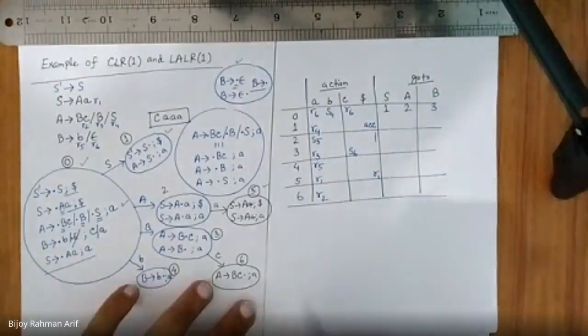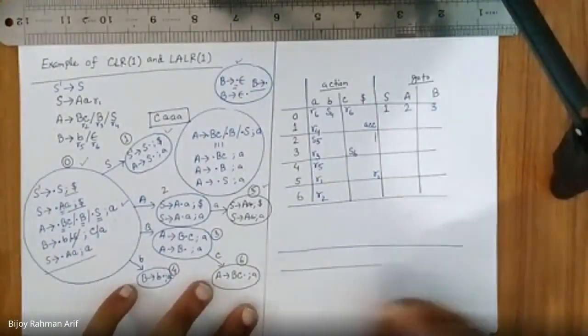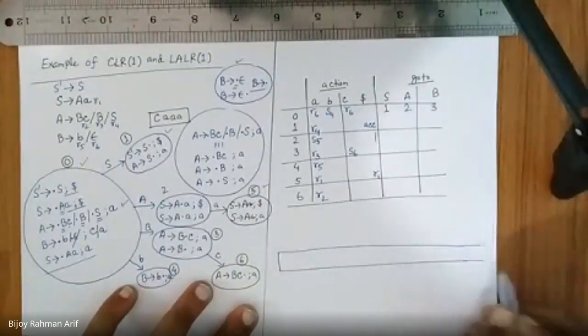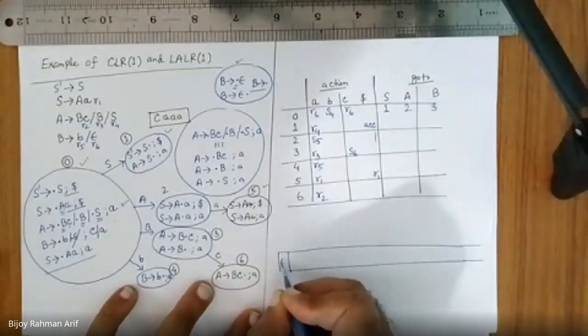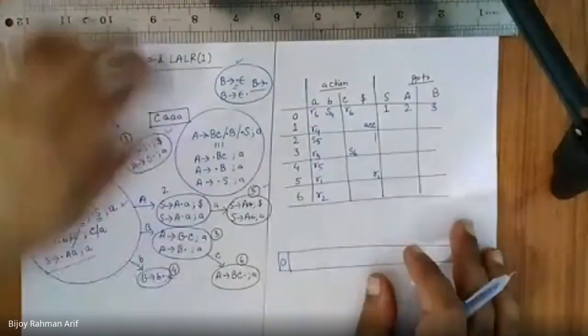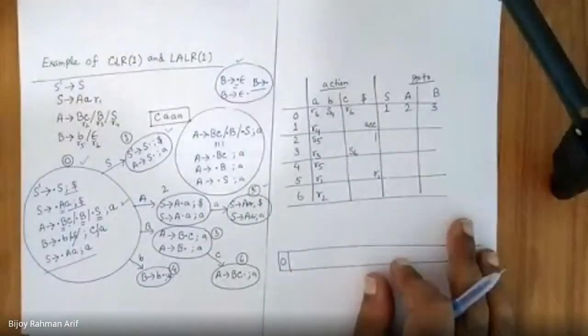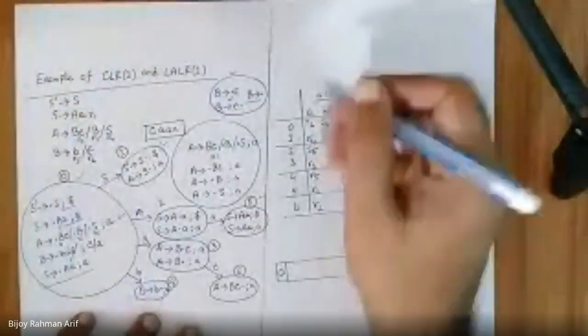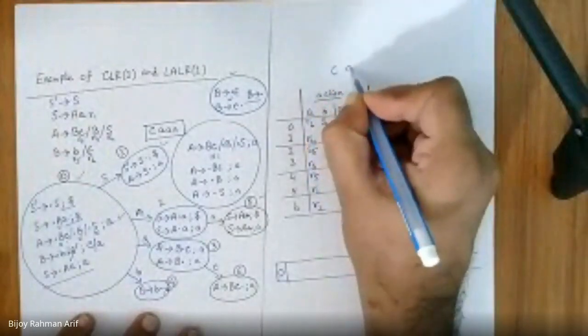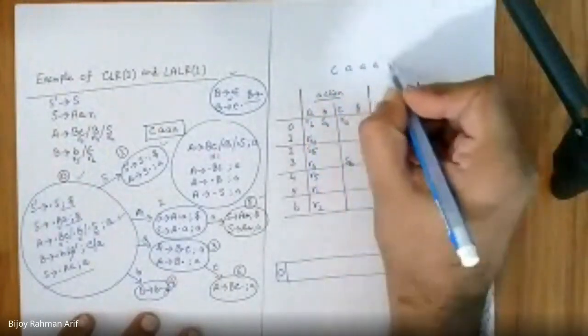Now, how can I parse? So let's create a stack. This is the important part. We start from state 0. This is my input: C, A, A, A, and finally at the end, there is a dollar.